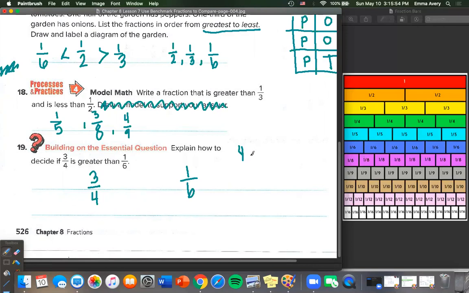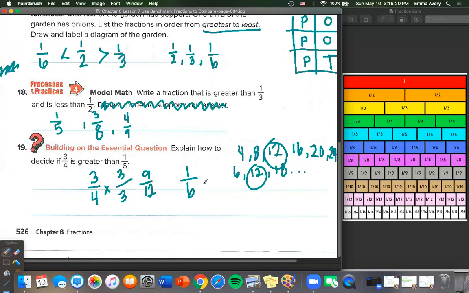So we have 4, 8, 12, 16, 20, 24, and for 6 we have 6, 12, 18, and so on. I can already see that our least common multiple is 12. So 3/4, fourths times 3 over 3 would be 9/12, and 1/6. To get 12, we have to multiply by 2. So 1 times 2, and 6 times 2 is 12. So which one is bigger? 9/12, which is also 3/4, is bigger than 1/6.